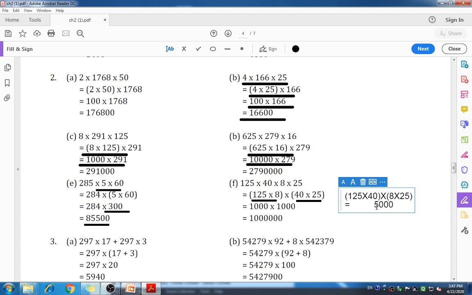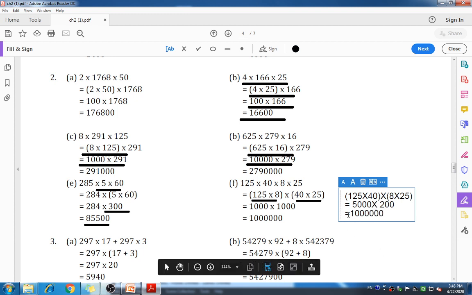So it is 5,000, and multiplied by 25 8s are 200. So what will be the answer? 5 2s are 10. And how many total zeros are there? 5. So I will write 5 zeros: 1, 2, 3, 4, 5. Or you can solve it this way also.